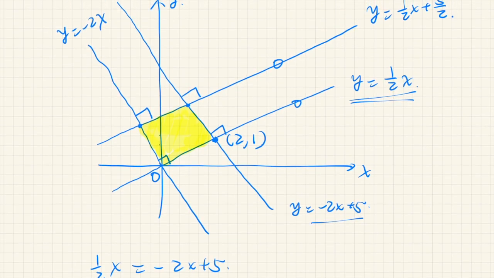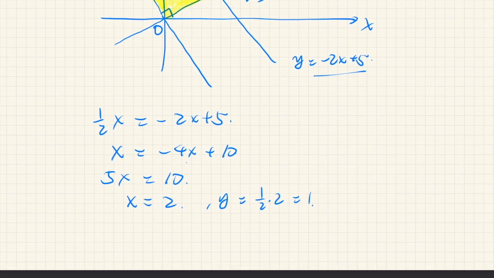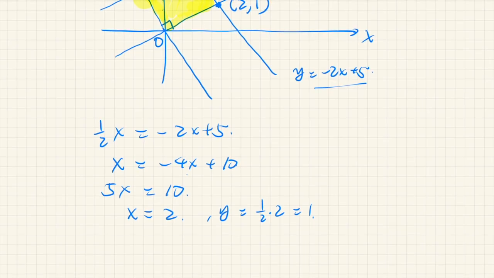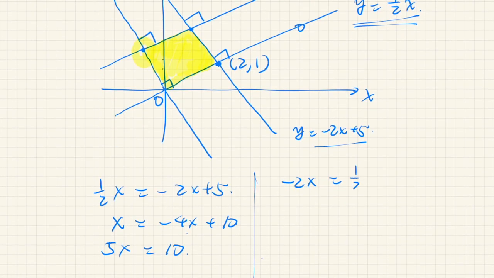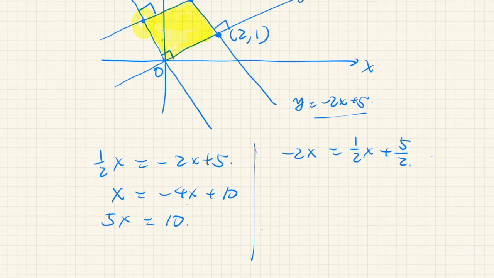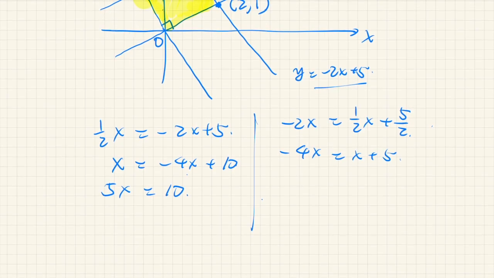So this point is 2, 1. And this point, let's see, negative 2x equals 1/2 x plus 5 over 2, multiplying both sides by 2, and adding x to both sides.